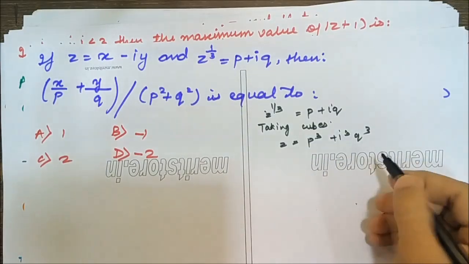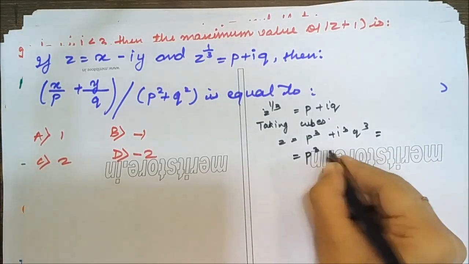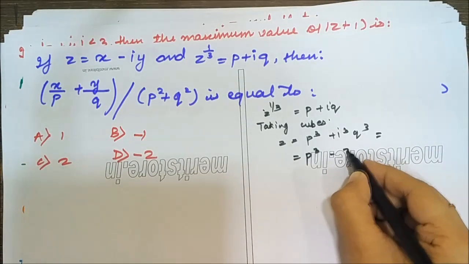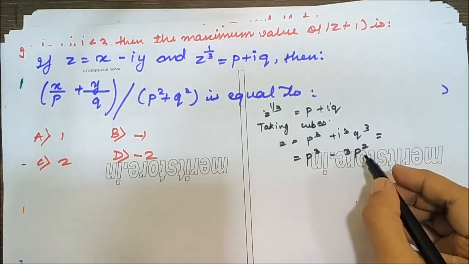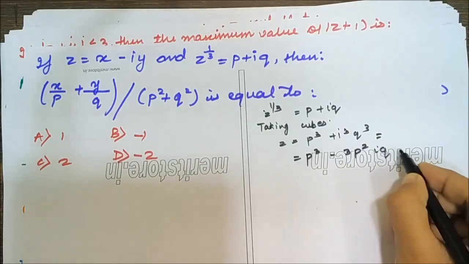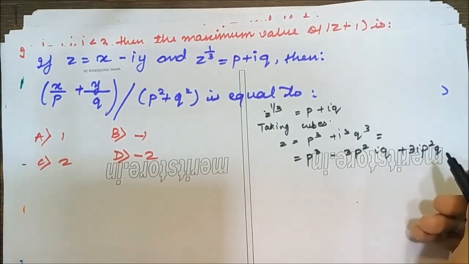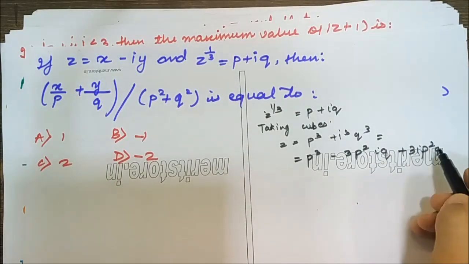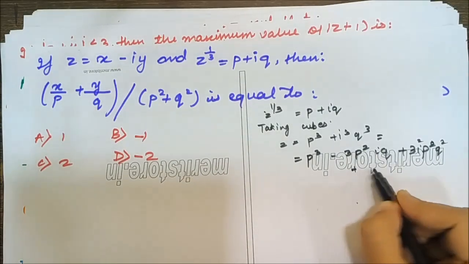Now that is nothing but a cube plus b cube, so p cube minus 3a square b, plus 3ab square.